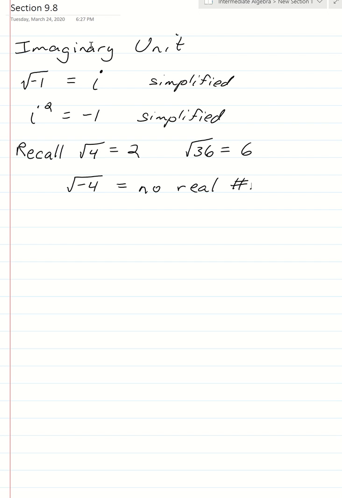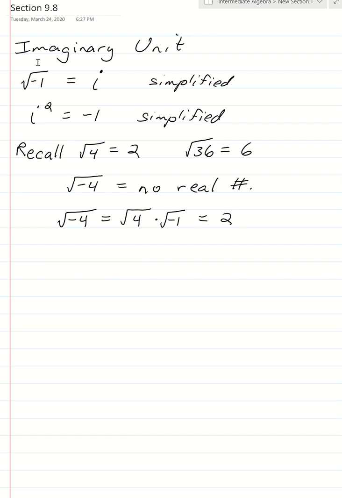But now when we move over into this imaginary number system, the imaginary unit, taking the square root of a negative 4 is the same thing as taking the square root of 4 times the square root of a negative 1. Because we know 4 times the negative 1 would give us the negative 4. And just like before, the square root of 4 would be 2.